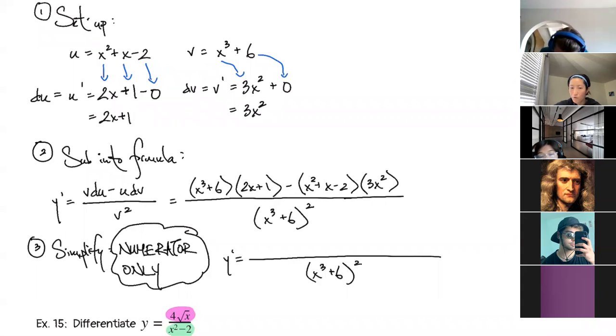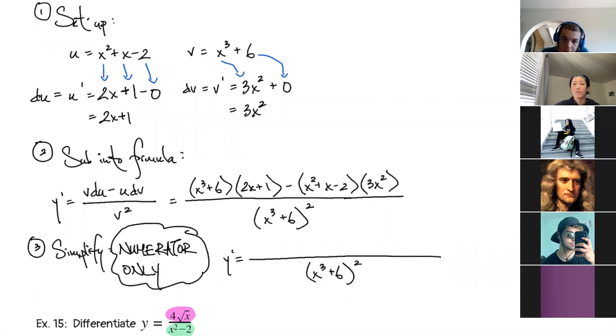Being able to FOIL is something that we sort of expect that we know how to do at this point. So it's almost like because we don't really need to FOIL, we're just going to be a little bit lazy and not. Okay. I do think it's important to practice simplifying the numerator just to make sure we're good with our exponent rules and combining like terms and things like that.